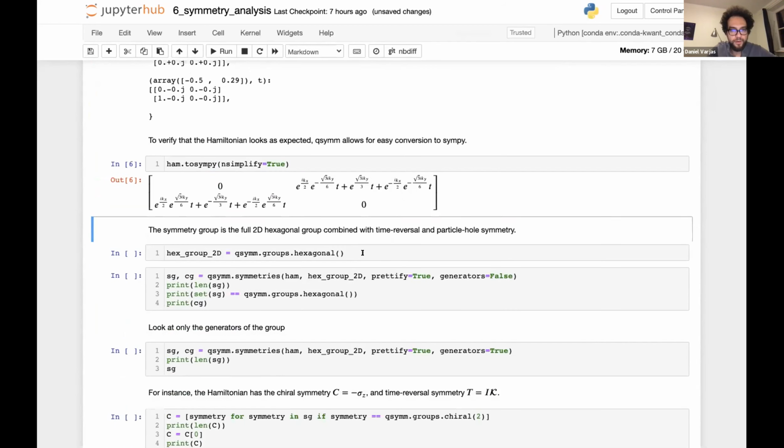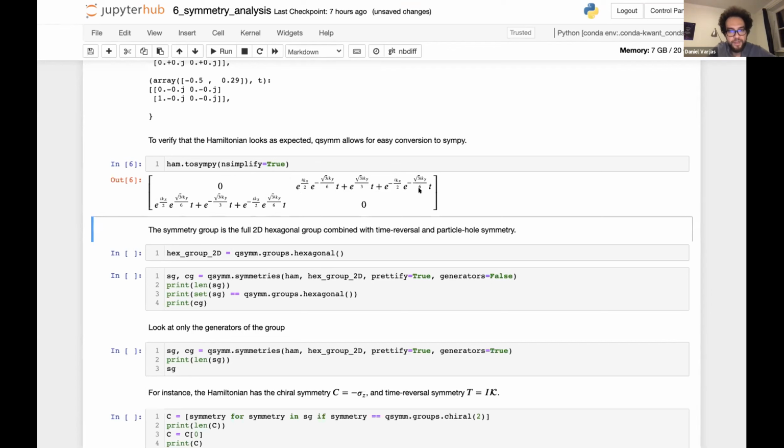And now the Hamiltonian looks like this. So this is a 2x2 Hamiltonian because we have 2 sublattices on the honeycomb lattice. It is 0 on the diagonal because we had 0 for the on-site term. And these are the hopping terms. You see each term is multiplied by t, and these exponentials correspond to all the hoppings for all the nearest neighbor bonds.